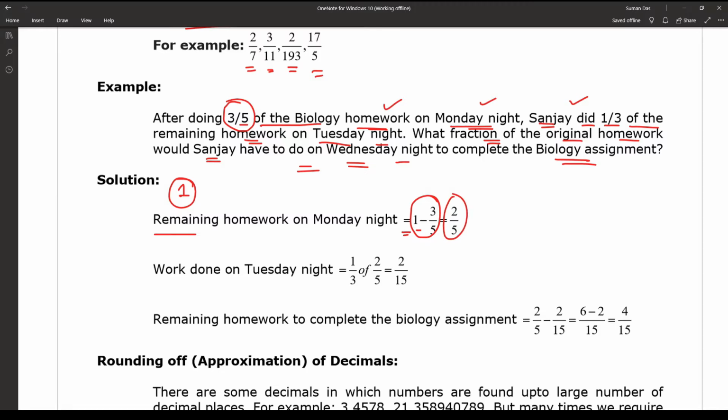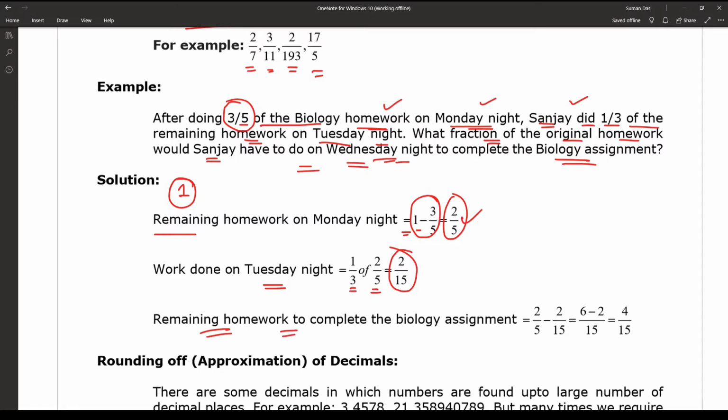The work done on Tuesday night is 1/3 of the remaining homework. The remaining homework was 2 by 5, so 1 by 3 of 2 by 5 is 2 by 15. That is the work done on Tuesday.